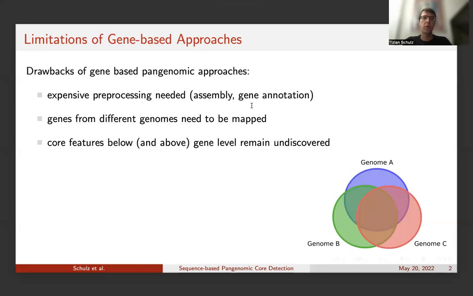Also, we cannot find any core features which are below or above the gene level. And this might be okay if we have a prokaryotic species where actually most of the sequence is coding. But if we consider eukaryotic genomes, then this might mean that we miss a lot.